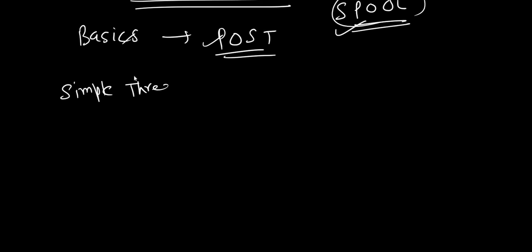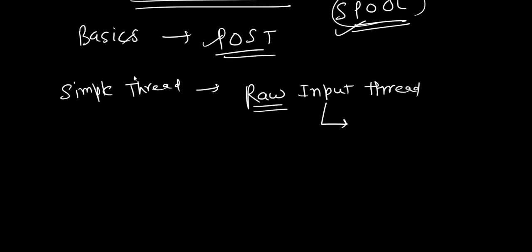A simple thread is created, and that thread is known as the raw input thread. There is a property of this thread: when this thread is created, at that time it is not scheduled.